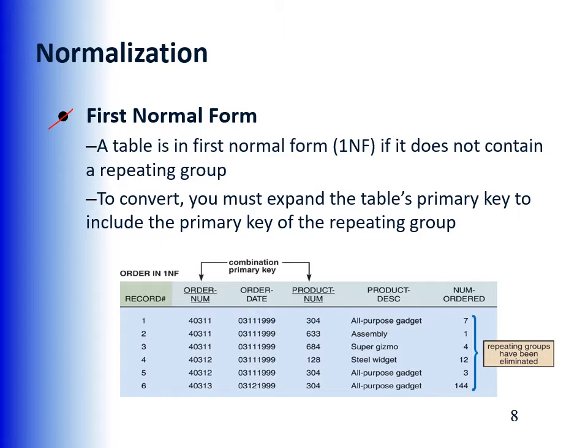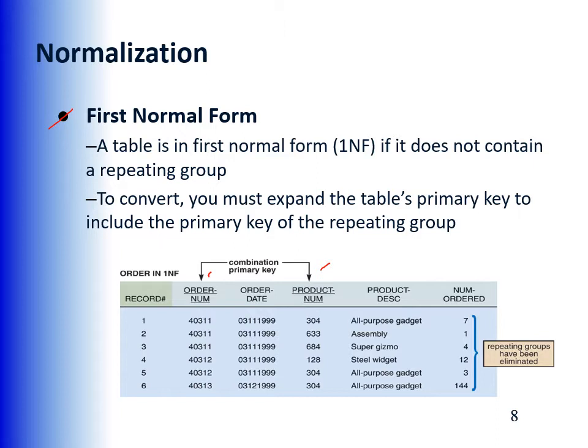Look at this example. It has a combination primary key, right? The primary key of the first normal form design cannot be the order number field alone, because the order number does not uniquely identify each product in a multiple-item order.